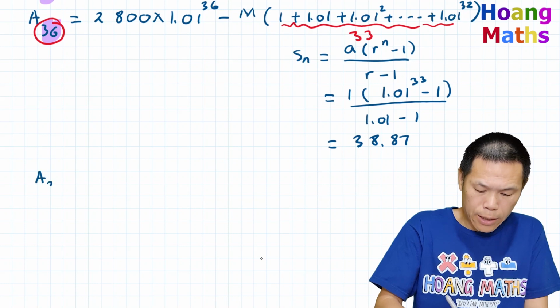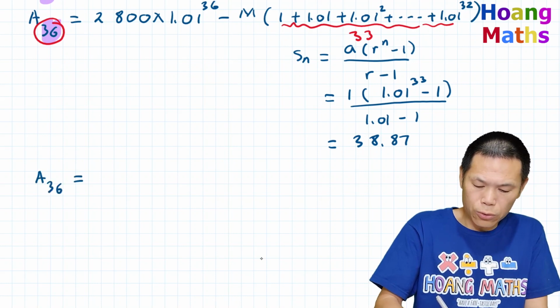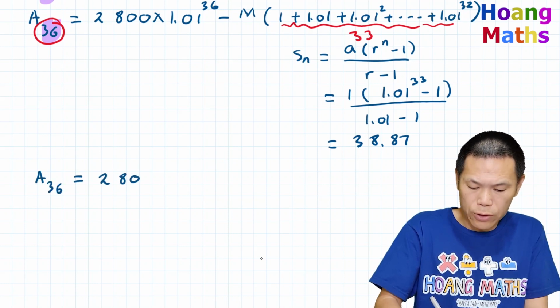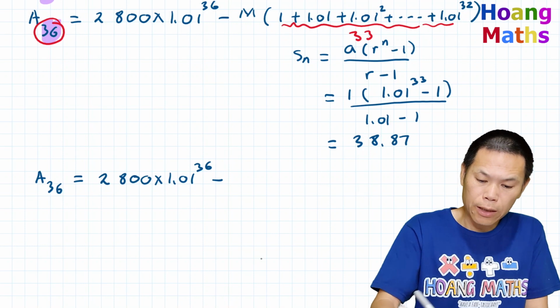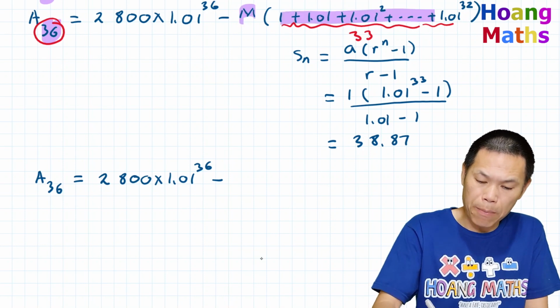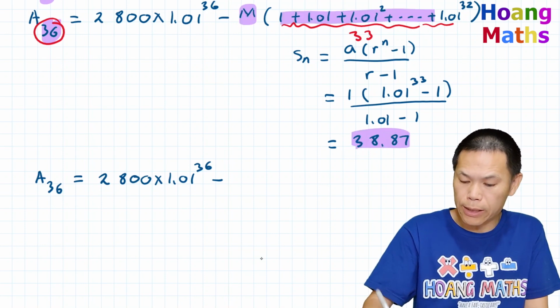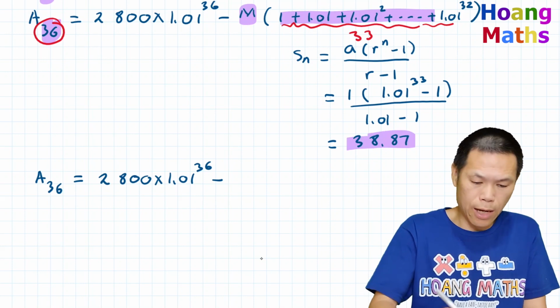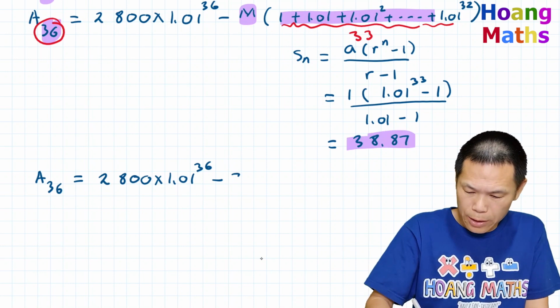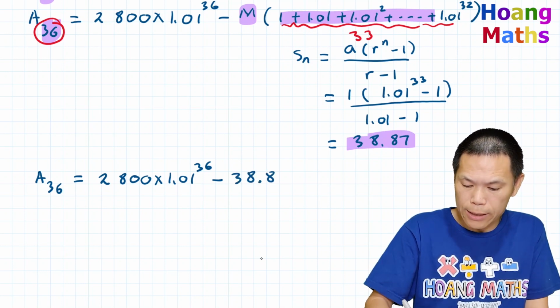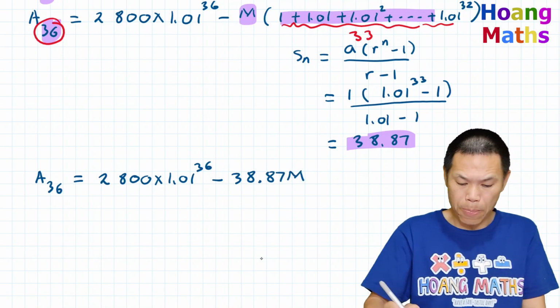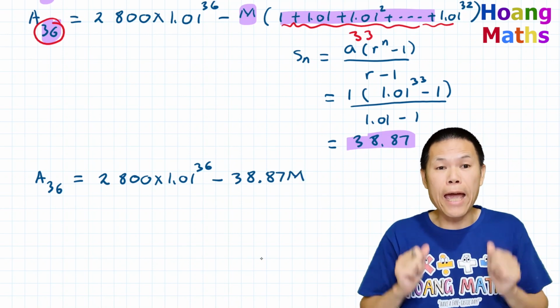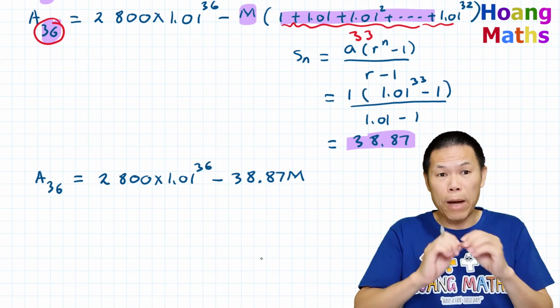So now let me write this down. A36 is equal to 2,800 times 1.01 power of 36 minus this series times M. But this series is 38.87, so 38.87 times M. And we know that at the end of 36 months, Alex will pay off the loan.